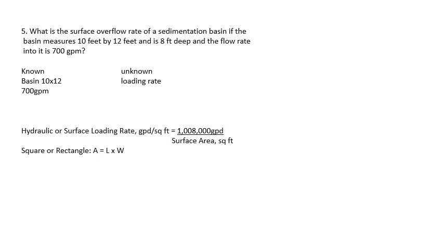You need to find the surface area, which is length times width. 10 feet by 12 feet. This gives you 120 feet squared. Plug that into your formula. Do your division. You get an answer of 8,400 gallons per day per square foot.